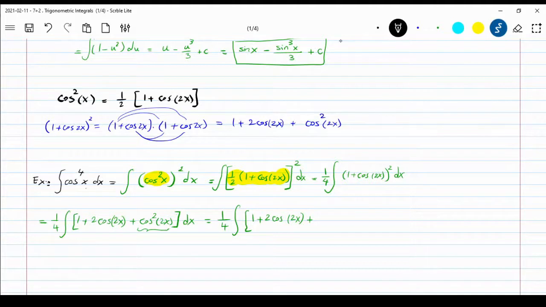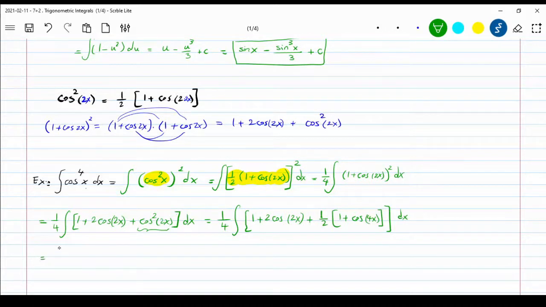So if the angle inside, if instead of x here, the angle was, let's say 2x, every x will change to 2x. So this would be 2 times 2x. So basically it becomes 4x. So instead of cosine squared 2x, I can write 1/2 times 1 plus cosine of 2 times 2x, which would be simply 4x. And that is our substitution for the cosine squared 2x dx.